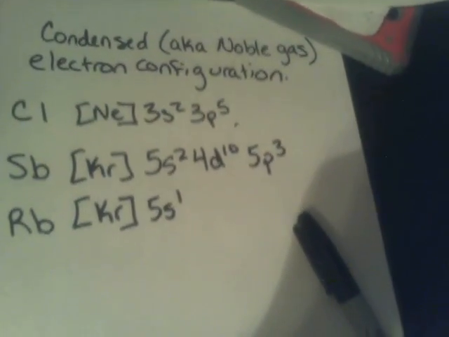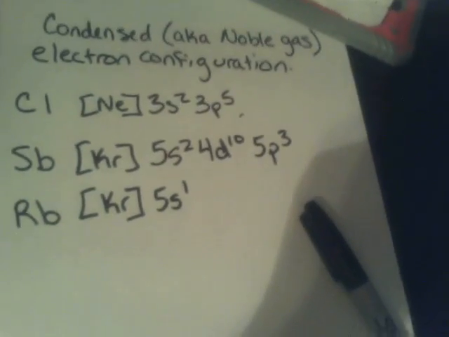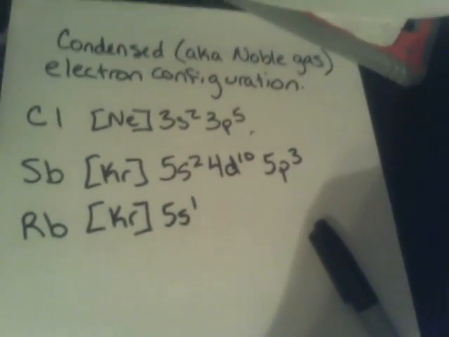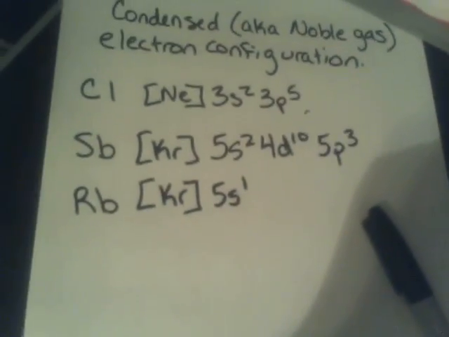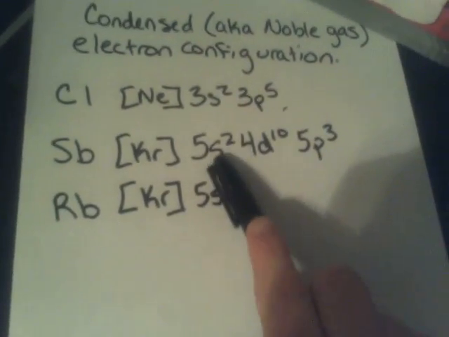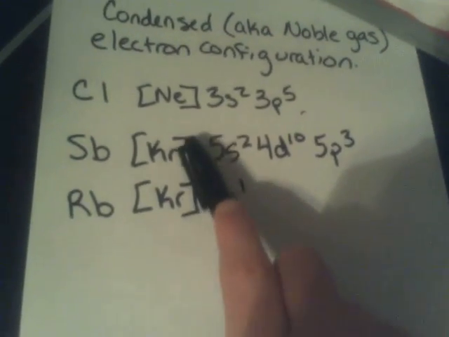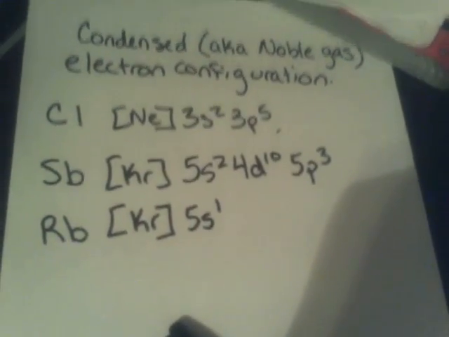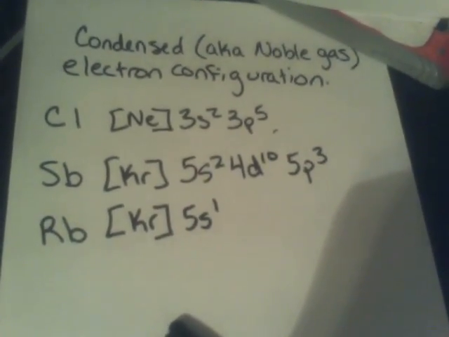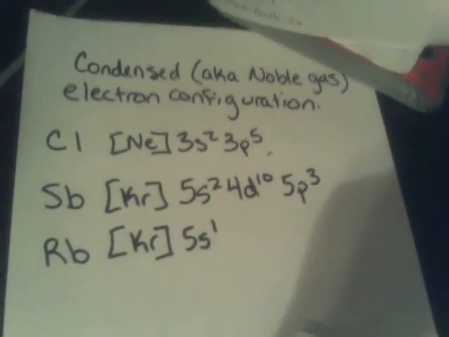I hope that helped everybody out because I know that these can be a little tricky. Practice, practice, practice. I promise you, these are very logical, and they're actually not so bad once you get some practice in. Make sure that you use lowercase letters to represent the orbitals, and make sure that you use brackets when representing a noble gas configuration, because the homework will mark you incorrect.